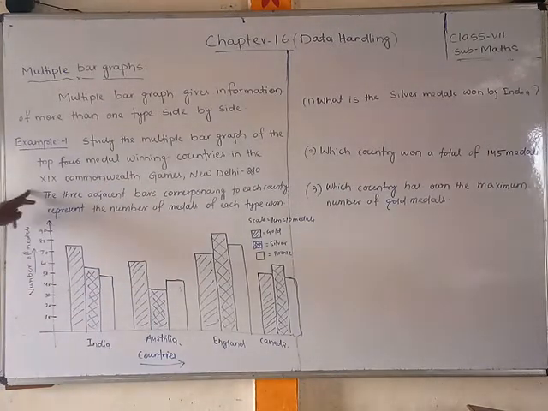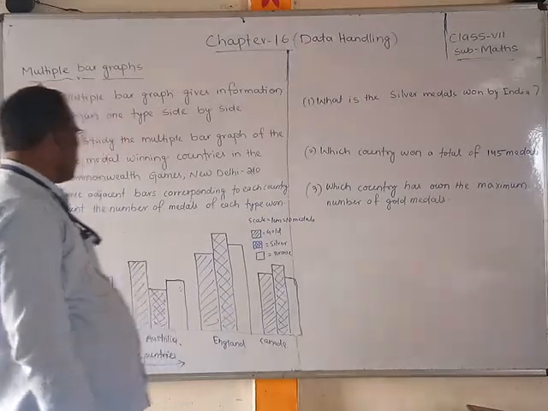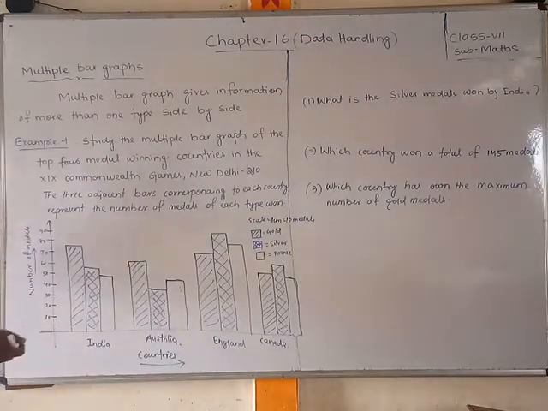The 3 adjacent bars corresponding to each country represent the number of medals of each type won. This Commonwealth Games was conducted in India, Delhi.